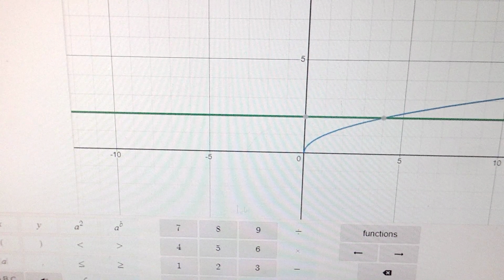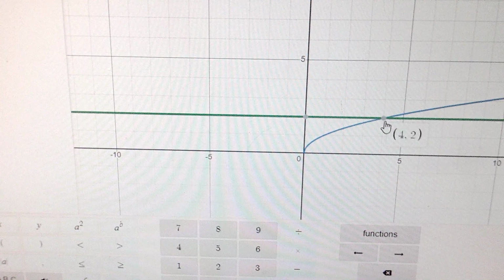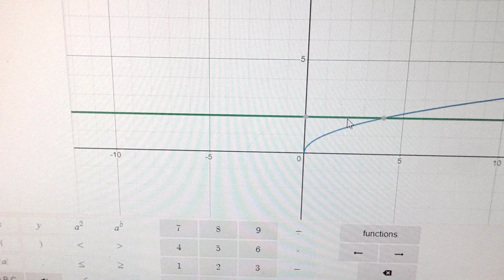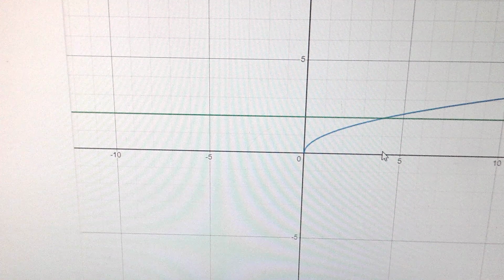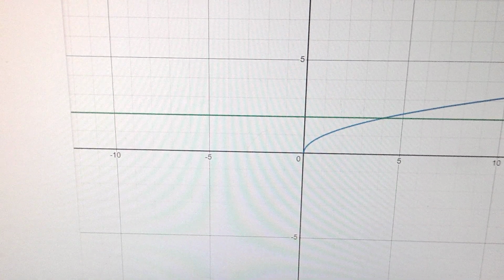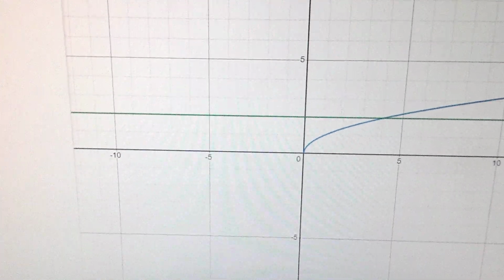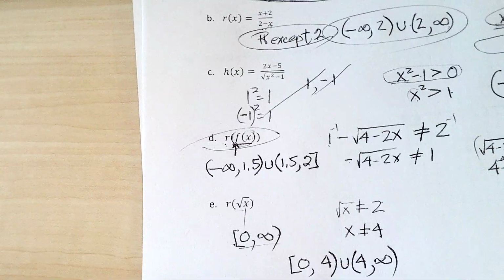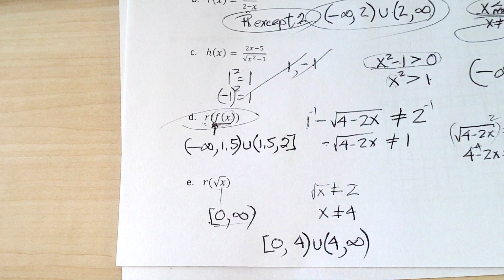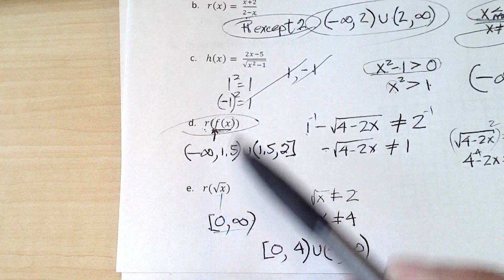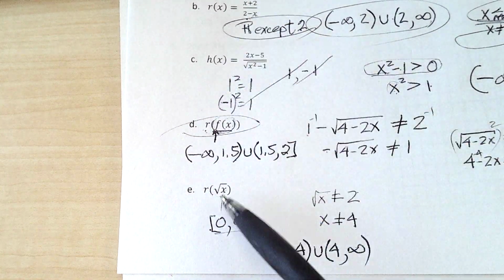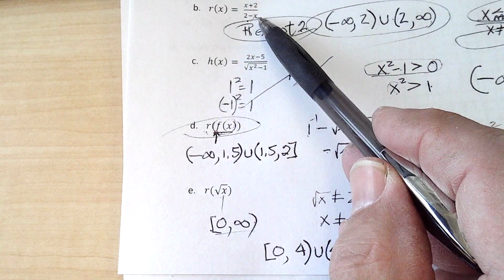So what x going into the square root produces 2, and that is 4. So I can't use 4. So that gets us back to what we had. Can't use 4. What comes out of the square root has to go in for the x, and the square root of 4 is 2. We can't use it.